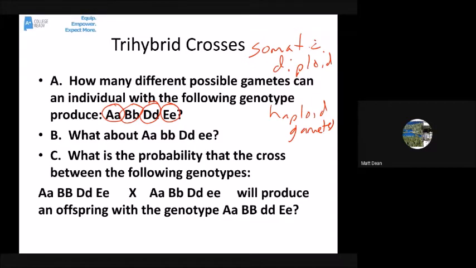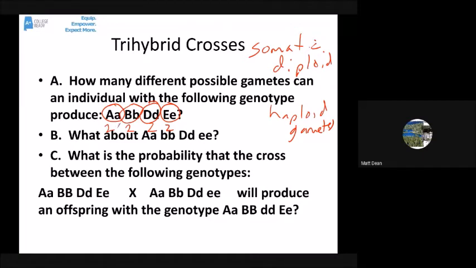So the easiest way to do this calculation is to look at how many options there are at each gene. At the A gene, there's a dominant and a recessive option, so 2 options. At the B gene, also two options, dominant and recessive. Same at the D, same at the E. So to calculate the number of possible gamete combinations, all we're going to do is use the product rule.